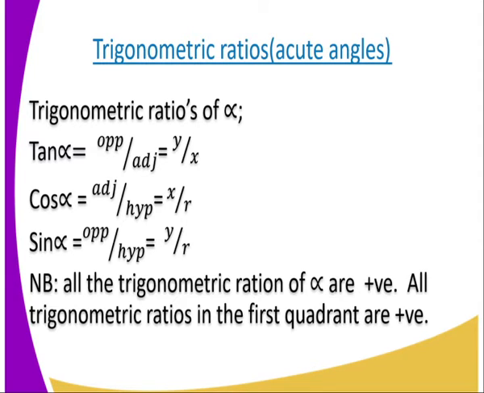And sine alpha is supposed to be opposite over hypotenuse, which is y over r. That is the reason why all the trigonometric ratios of alpha are positive in the first quadrant.